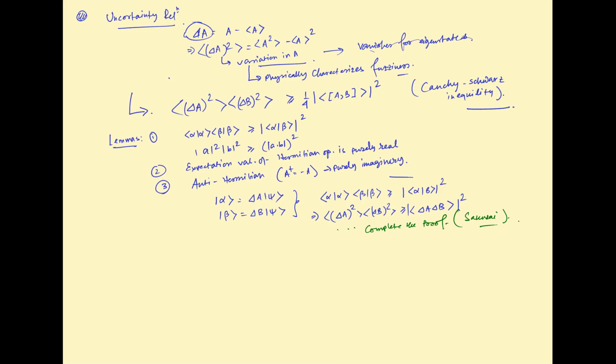Now we will introduce another quantity called the deviation of an operator. The deviation of an operator is the operator subtracted from its expectation value. Sorry, the expectation value subtracted from the operator itself. You can call it delta A. What is the meaning of this delta A? It looks like a weird object, but this is a matrix, and this is a scalar, so you can say it is like multiplying the scalar times the identity.